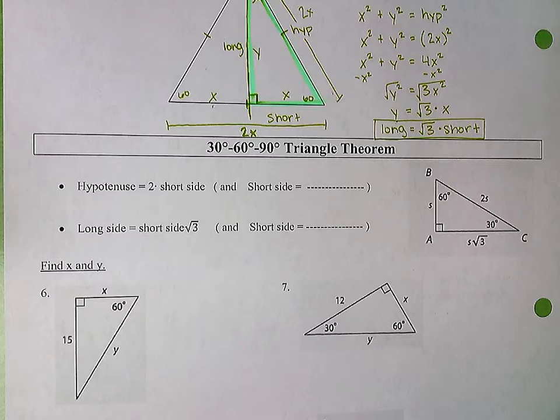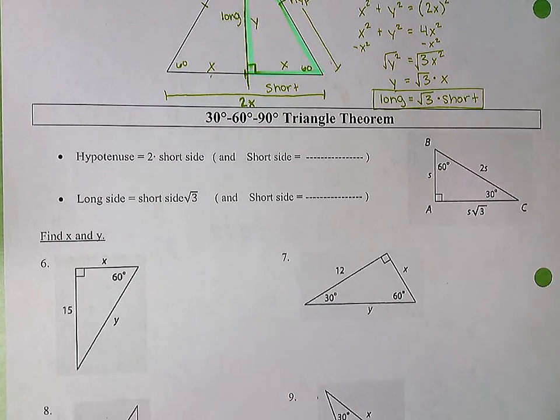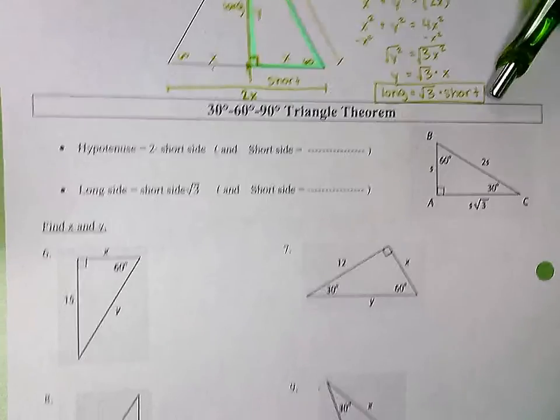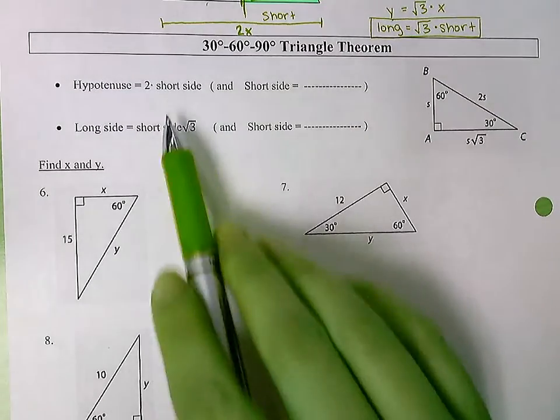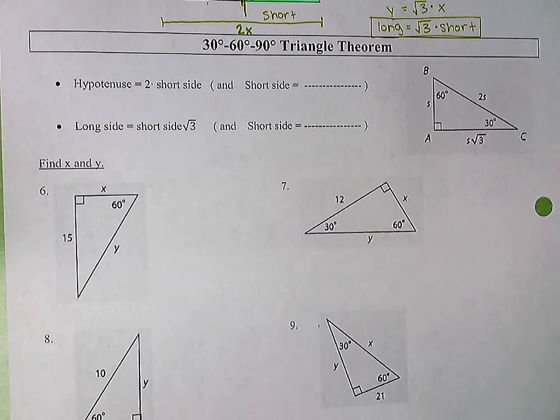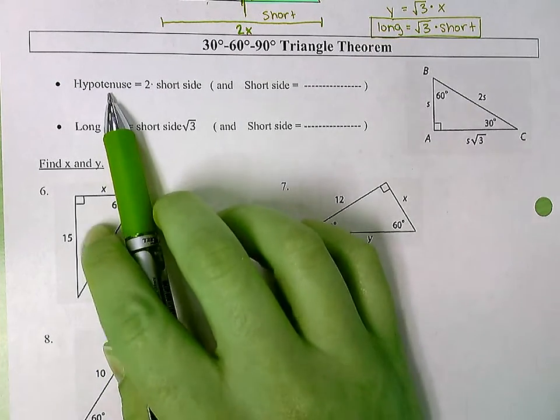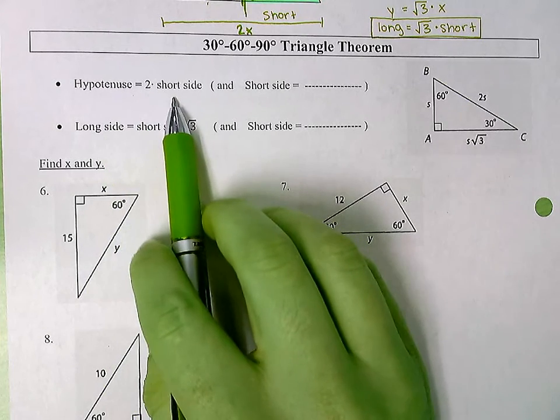Okay, so 30, 60, 90 triangles are special right triangles. Our rules for them are right here. There are 4. If you're looking for the hypotenuse, it is equal to 2 times the short side.